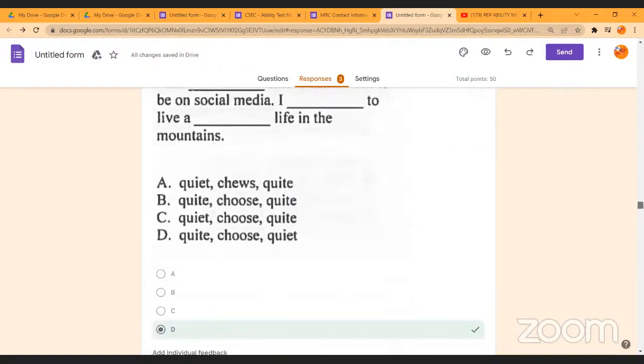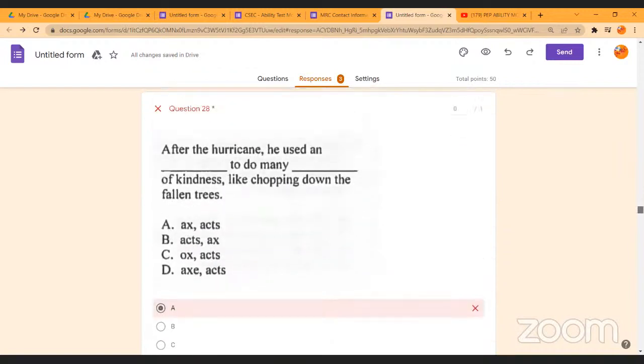All right, so I'm just gonna scroll through to see which other one you got incorrect. All right, let's do this one. Tiana, read this one for me. After the hurricane, he used a dash to do many dashes of kindness, like chopping down the fallen trees. After the hurricane, he used an dash. What did he use? Miss, an axe. Okay.